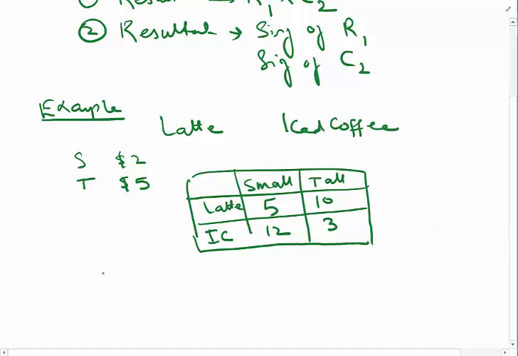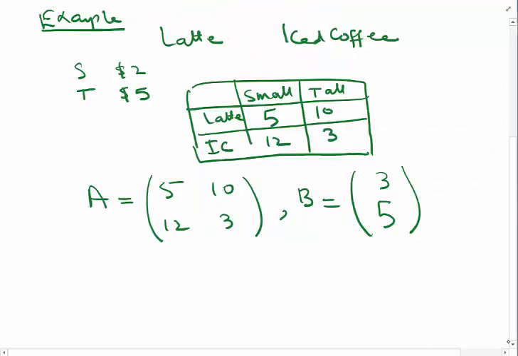So the matrices pertaining to the above information are given. Now if you compare, you can easily decode these matrices by using the table as your key. The first row of A signifies the latte, and the second one tells you about the iced coffee, and the first column of A tells you about the small, and the second column of A tells you about the tall.